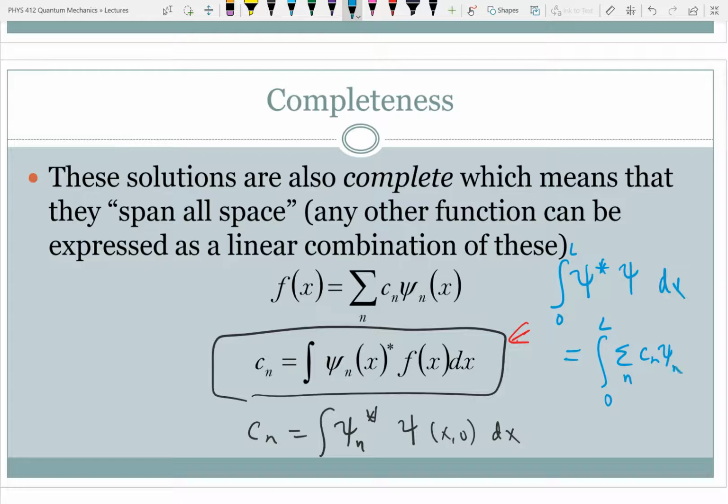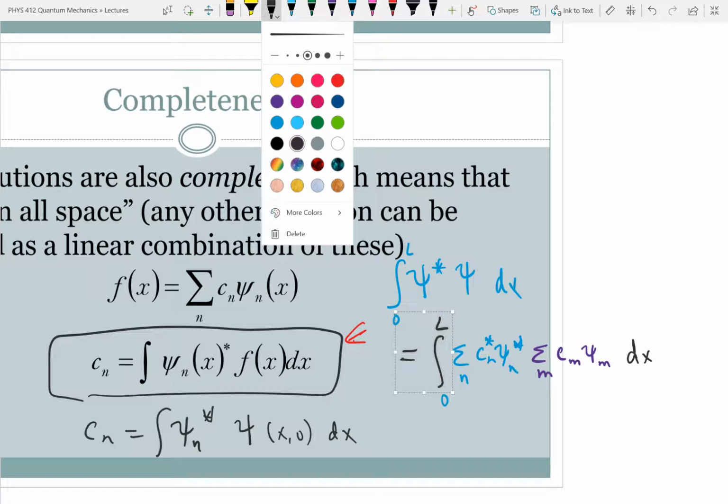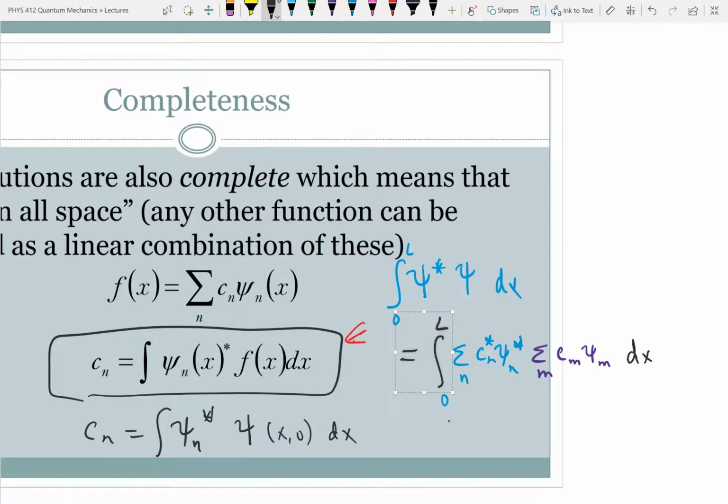So that is our normalization with psi star psi, and that's got to be equal to 1.